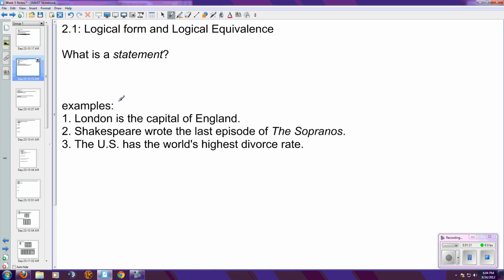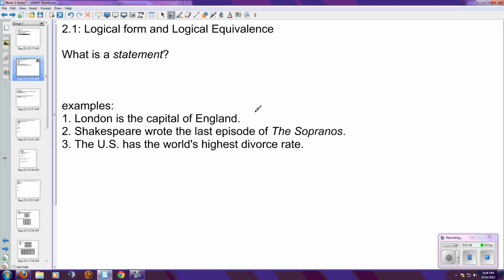However, what is a statement? This is really something we base logic around. A statement is something that has a true or false value. It doesn't actually matter if it is true or false, but it must be something that can be declared as true or false. For example, below you'll see here, London is the capital of England. Shakespeare wrote the last episode of The Sopranos.